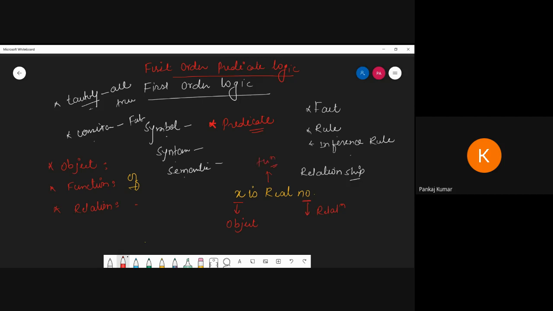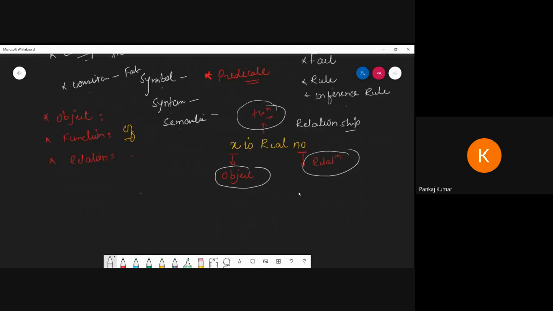Is it clear? So now x is an object, and this is the relation, and this is the real. So don't worry, we cannot use them like this all the time. And in the syntax, I'm going to discuss the syntax.